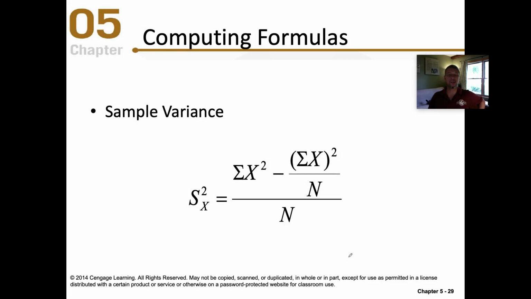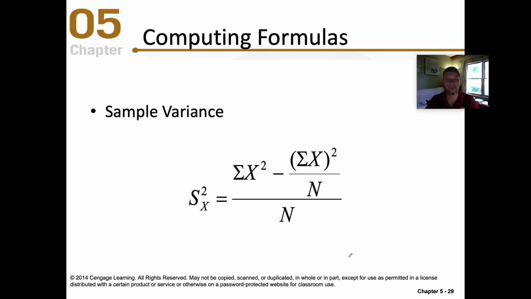And so let's look at the formulas that we have now. And these are written slightly differently than you've seen before. In order to calculate the sample variance, we use capital S squared equals the sum of x squared minus the sum of x quantity squared divided by n, all divided by n. So this is the formula for sample variance.